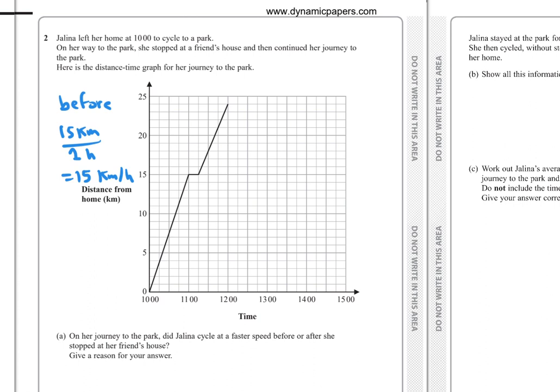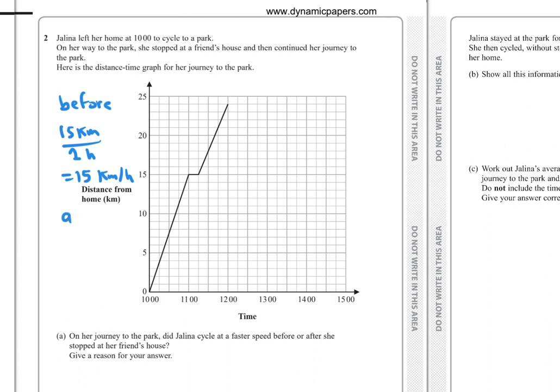Same to find the speed after she stopped, rise over run, rise from 15 to 24, so 9, and run 3 squares, so 3 over 4 hours, because 4 squares represent 1 hour, so 3 squares represent 3 over 4 hours.